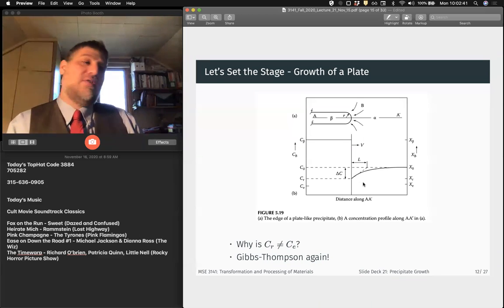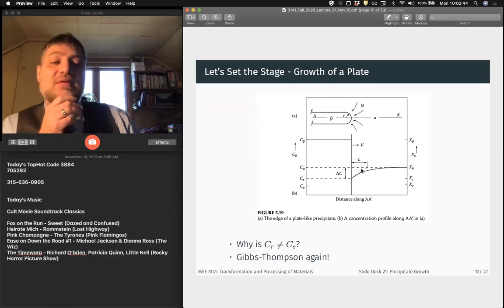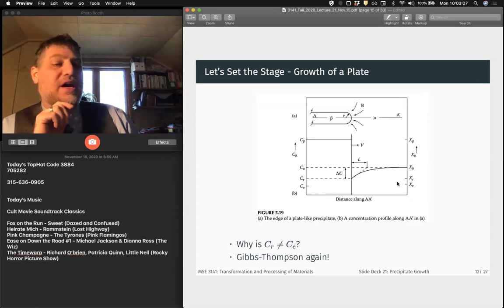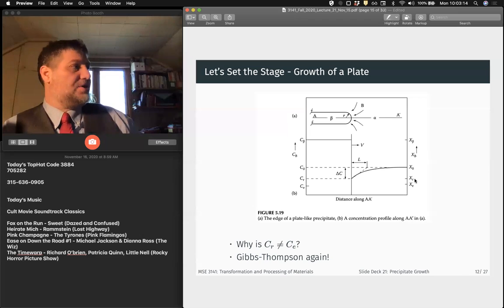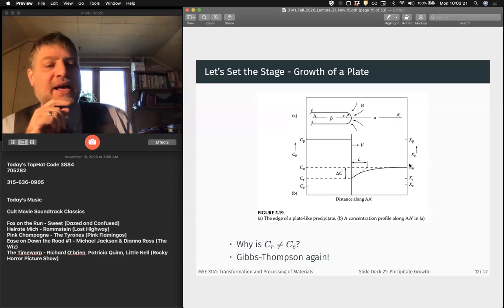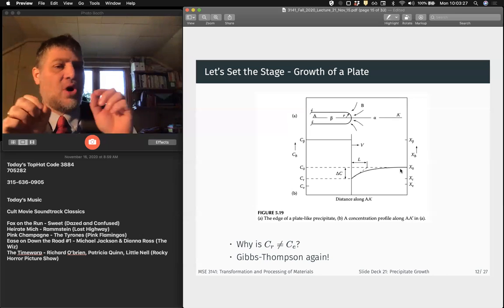Okay. The question of why some precipitates stay small versus why some grow large in different systems, that is going to have to do with potentially the nature of these interfaces, and how easy they are to nucleate. If you nucleate only a few and I have a good supersaturation, they're going to grow very, very large. If I nucleate a fairly large amount of them and I don't have a very big supersaturation, then each one is only going to grow a little bit.